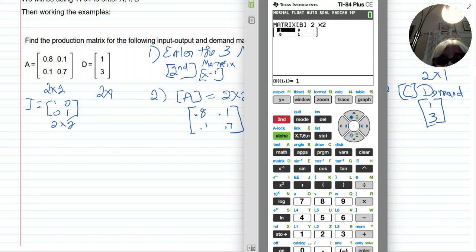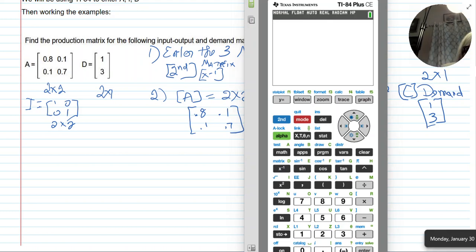Then I'm going to do second matrix. I'm going to arrow over to edit and do C. And I'm going to do a 2x1, one column. And I'm entering 1 and 3. All right. So I have all my matrices and I'm on the home screen.